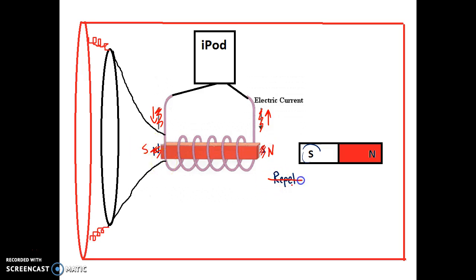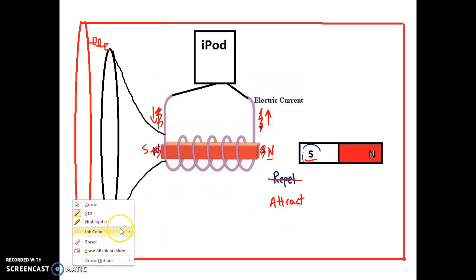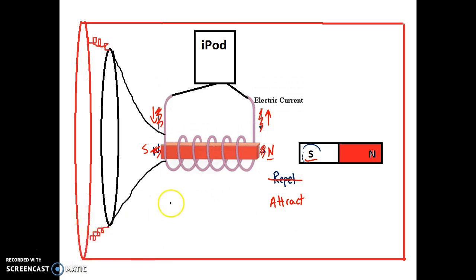And this went from repelling to now I have north-south attract. And then a split second later, it reverses once again. The current points down at this location. This goes from a north to a south. This goes back to north. And it goes from attracting to again repelling.